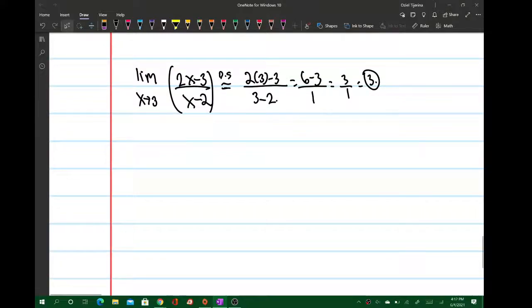For example, another one can be the limit as x approaches 2 of 2x squared plus 4x minus 3. How do we find the limit? Well, you just plug in x equals 2, so 2 for x.